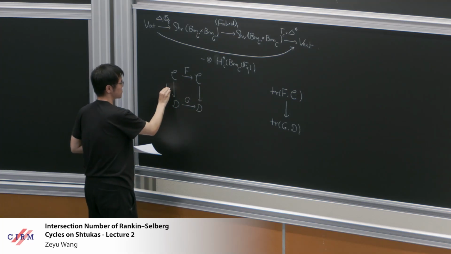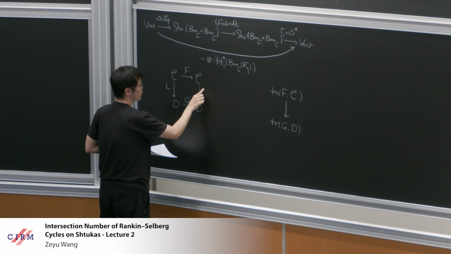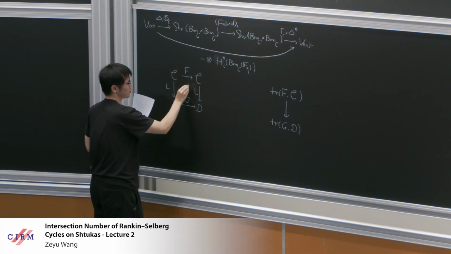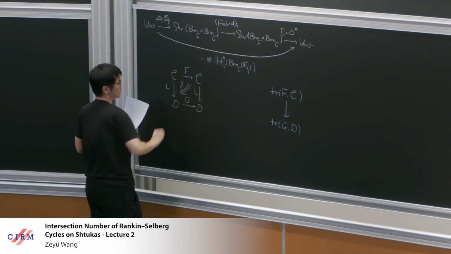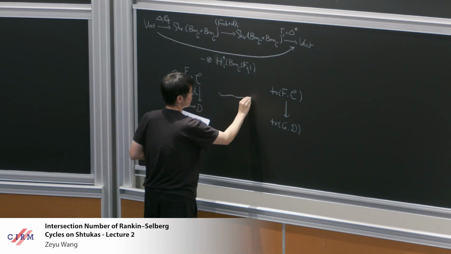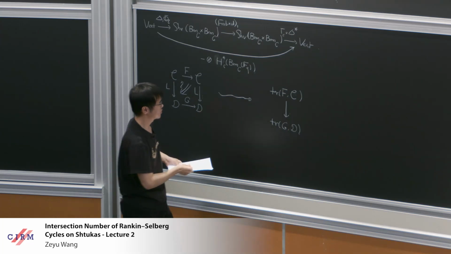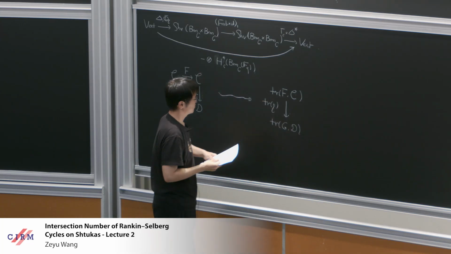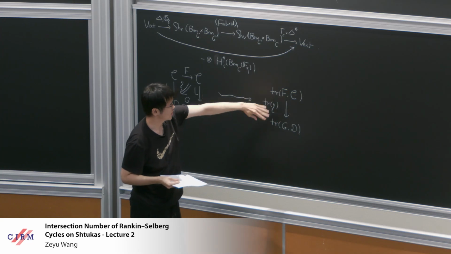like this. So suppose you have a functor L here, together with a natural transformation eta. Okay, and then you may try to produce a trace of eta that gives you a map between these two categorical traces.